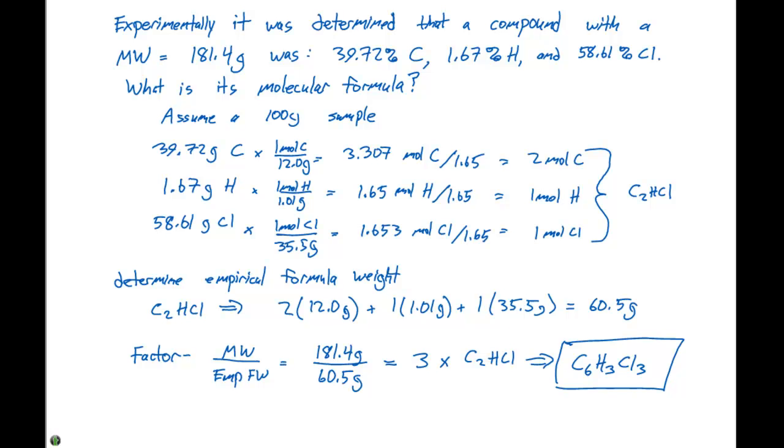In this case, our empirical formula was C2HCl giving an empirical formula weight of 60.5 grams. Then we take the molecular weight divided by the empirical formula weight, which gives us a factor. So we multiply the 3 times the subscripts of the C2HCl, giving us C6H3Cl3. And this is the method that you will use if you're given some data and asked to calculate a molecular formula.